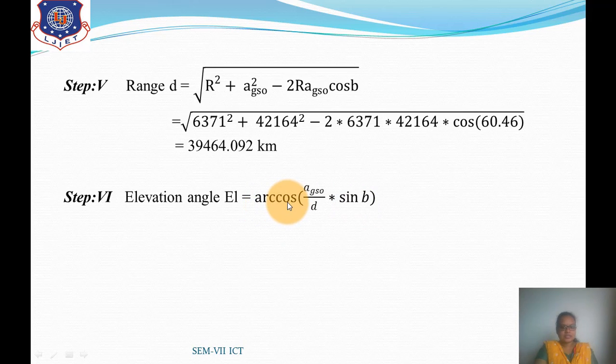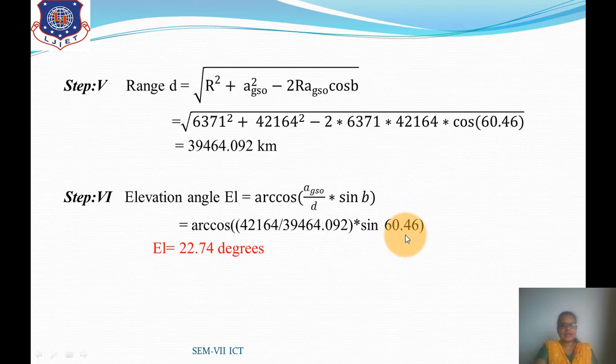So, arc cos, that is cos inverse, AGSO having value 42164, D having the value which we have found out, into sine B, B having this angle. So, substituting this value in this equation, you will get EL is equal to 22.74 degrees. Right? So, this is how you calculate the antenna look angles for an earth station located on the earth surface.